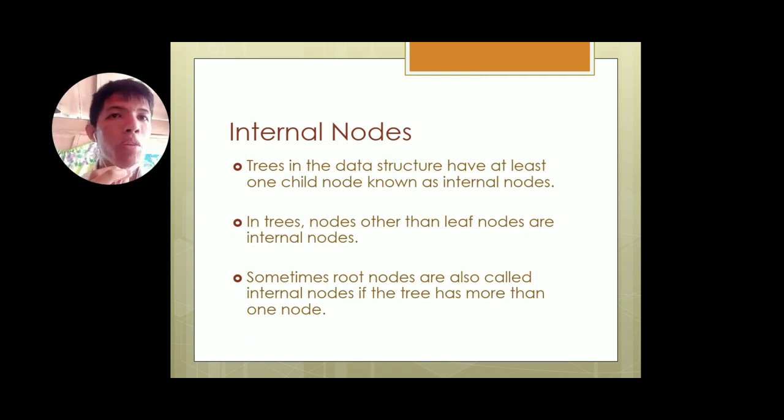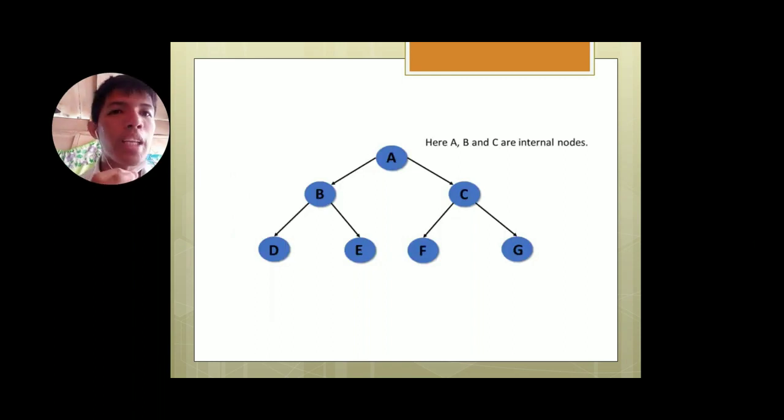So A is internal because it is followed by B and C. B is internal too because it has D and E, and C also has F and G.